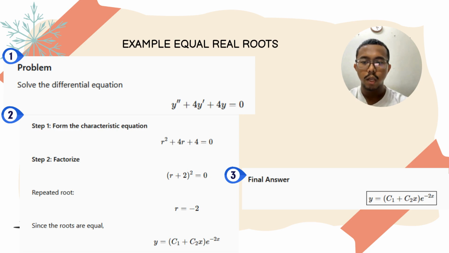Because both roots are equal, the general solution contains an additional x term. Hence, the solution is y equals (c1 plus c2 x) multiplied by e to the power of negative 2x. Therefore, the final answer is y equals (c1 plus c2 x) e to the power of negative 2x.